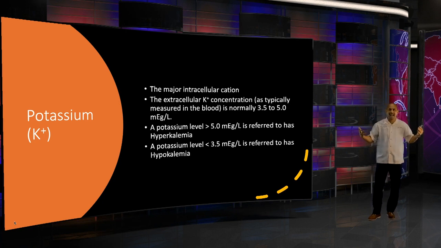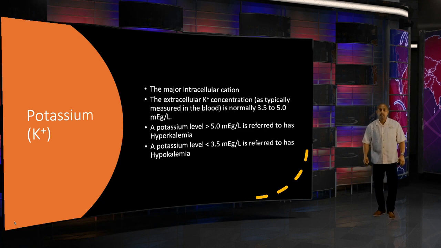It should not be sitting outside the cell. That's the serum, where we're drawing blood. And when you draw blood and I get a high level of potassium, either one of two things is happening. I have a significant amount of potassium, all my intracells are filled, and now it's leaking out of the cell. No good.